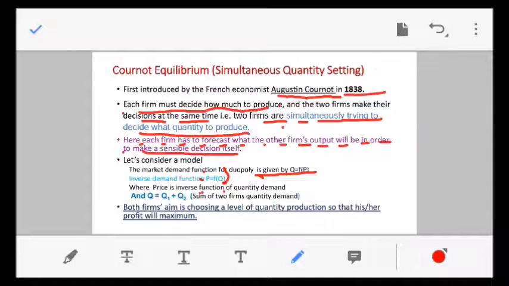The market price is a function of quantity demanded, and this quantity demanded is nothing but the sum of the two firms' demand: the quantity Q1 for firm 1 and Q2 for firm 2. Every firm's aim is to maximize its profit. So both firms are profit maximizers, and they will decide how much to produce.